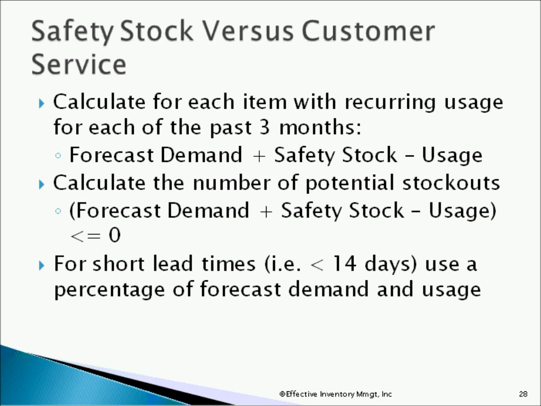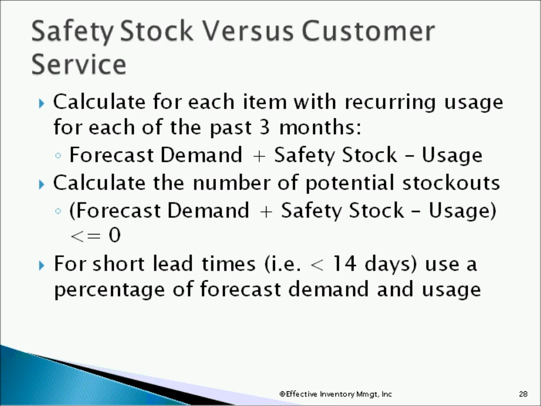If the forecast plus the safety stock was greater than what I sold, I probably didn't have a stock out. But as you can see in that middle point, if the forecast plus the safety stock minus usage was less than or equal to 0, I might have experienced a stock out.